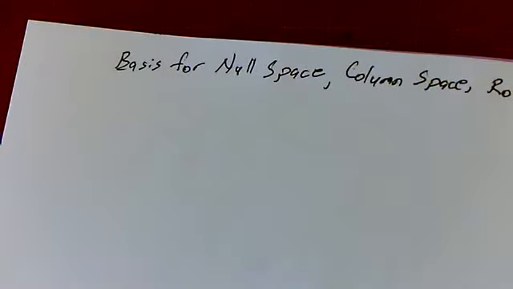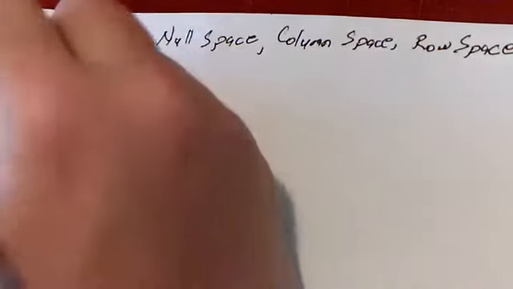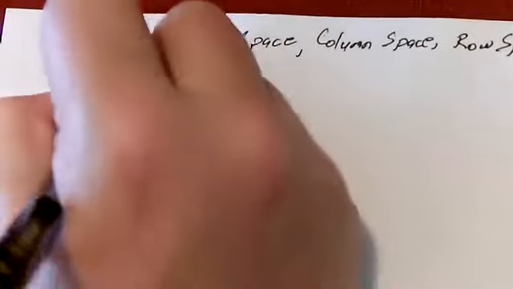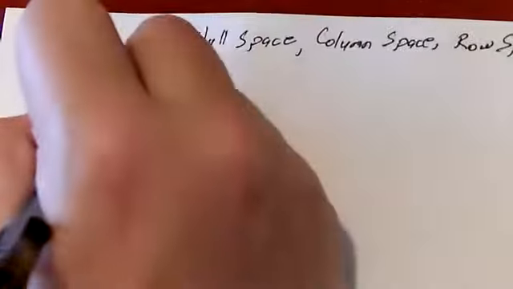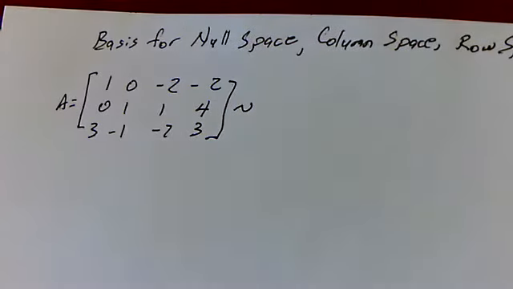So if I take a matrix A, my matrix A looks like 1, 0, negative 2, negative 2 on the first row, 0, 1, 1, 4 on the second row, and then the third row, 3, negative 1, negative 7, and 3. Naturally I'm going to row reduce that matrix.